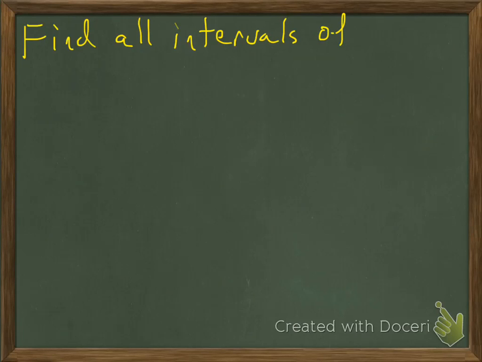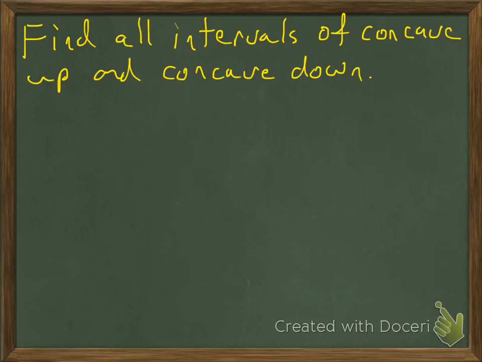All right. So let's do an example. We'll find all intervals of concave up and concave down. So let's see, we'll say f of x is equal to x cubed minus 4x squared.